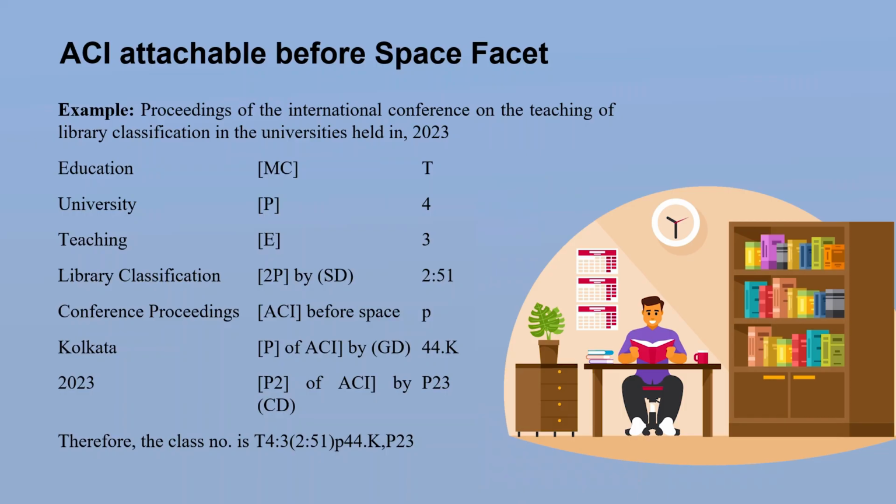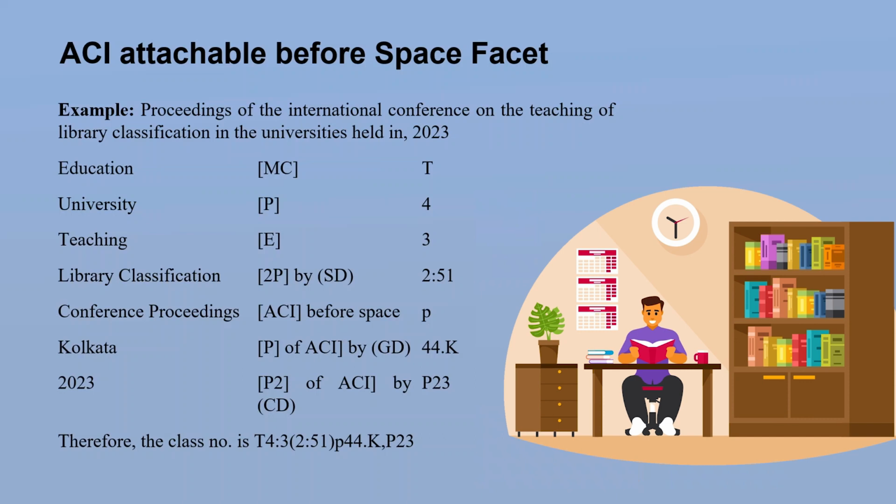For that conference proceedings we get the notation small p from the ACI before space facet, and then we have to add the personality facet obtained by geographical device in the conference proceedings of ACI, and then the second level of personality facet of the ACI, which is to be obtained by chronological device.